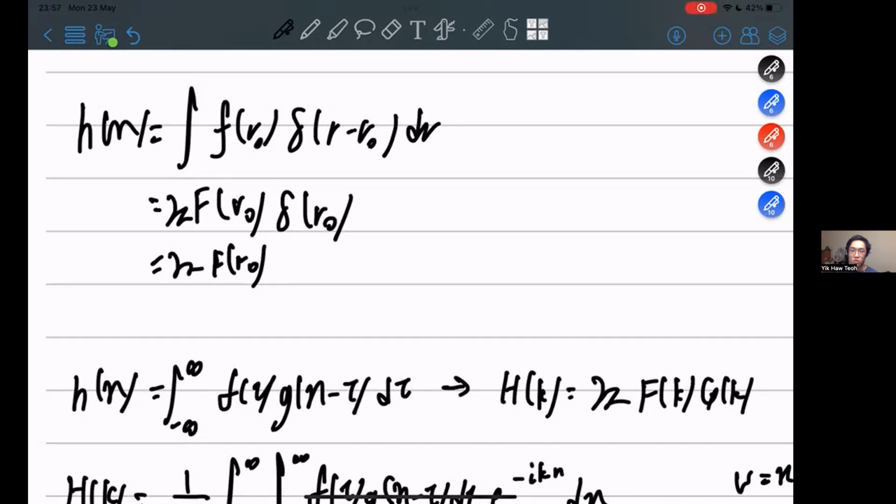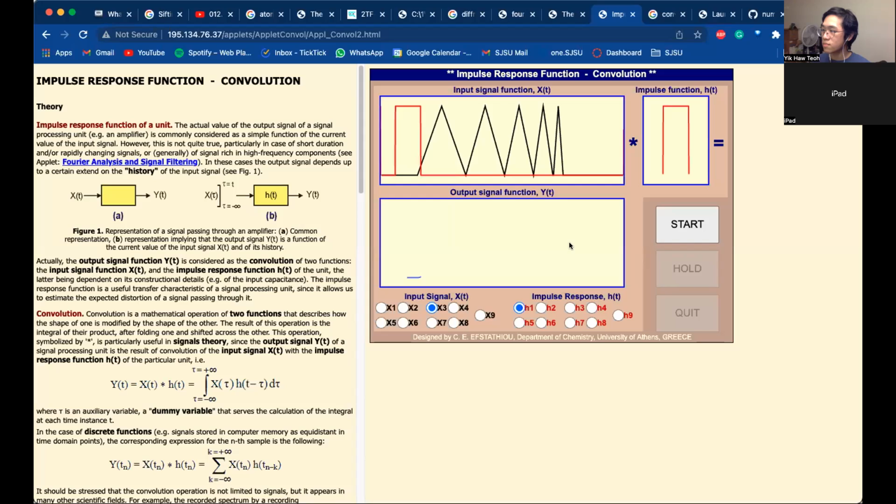Right now I'll be showing a real example and how this relates to image blurring. I will be doing this using the impulse response function. Here we see a very spiky function, and we're passing in an impulse function h of t, which is a rectangular function.